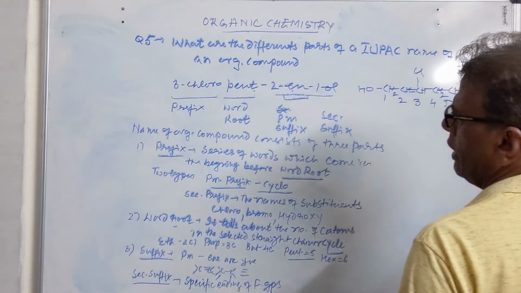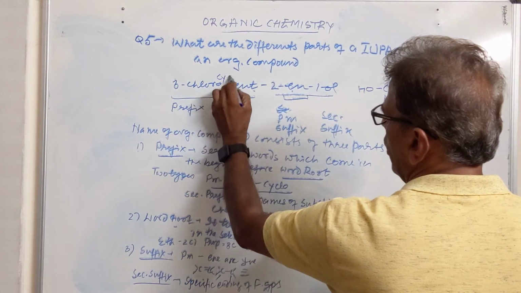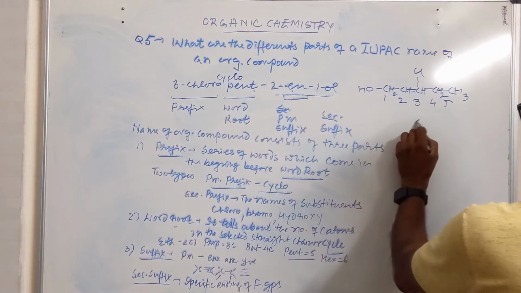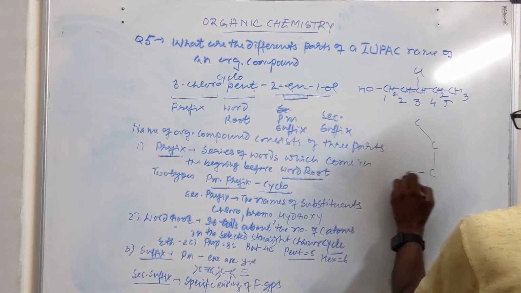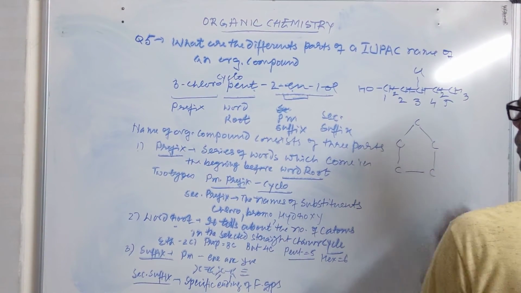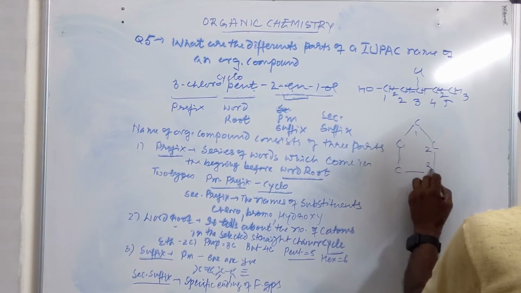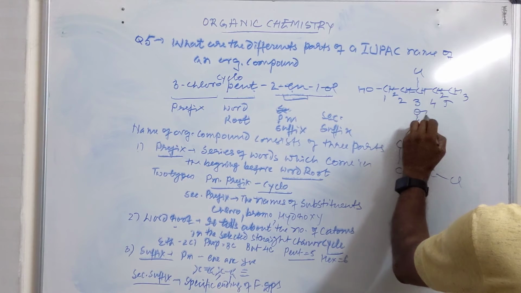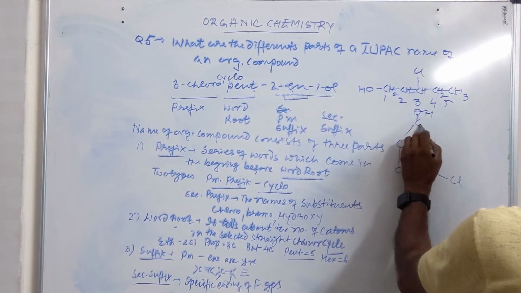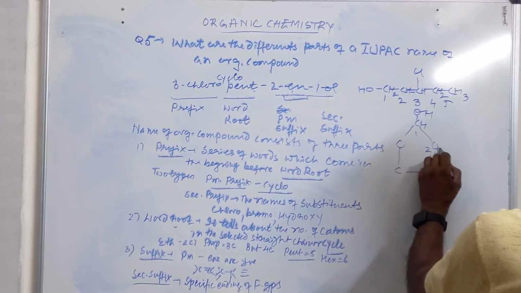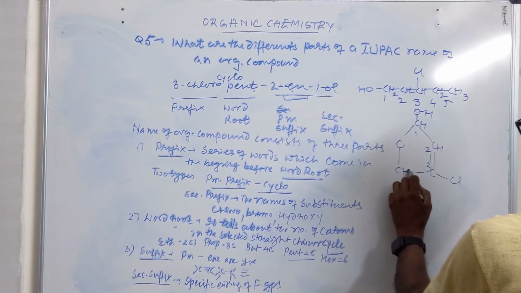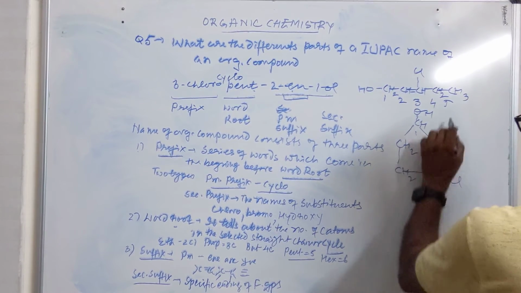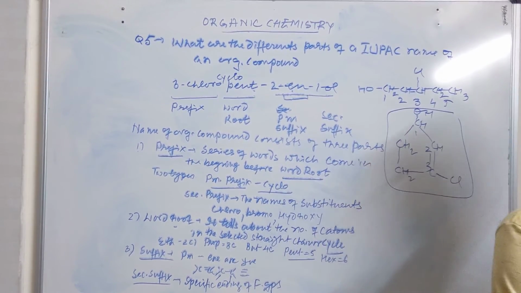If there would have been cyclo before this word, then we would have made a 5 carbon cycle. Carbon number 3 would have Cl, carbon number 2 having double bond, carbon number 1 having OH group. Now make the valency of each carbon tetravalent. So this would have been the structure of that.